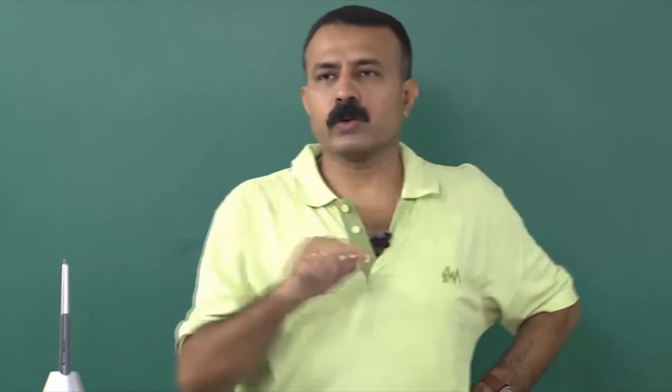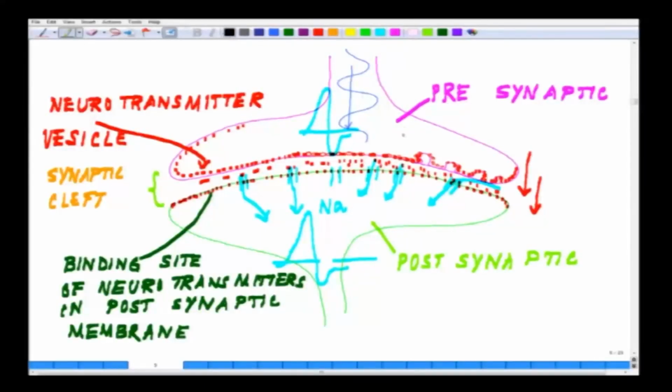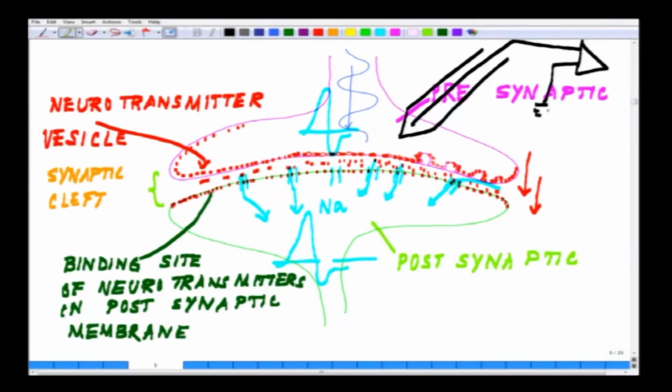Now, how you could measure is where electrophysiology comes into play. Say, for example, you have a preparation like this, and an electrode sitting like this. Say I have a patch electrode or any kind of electrode. It could be an extracellular or an intracellular electrode, and I have another electrode like this.